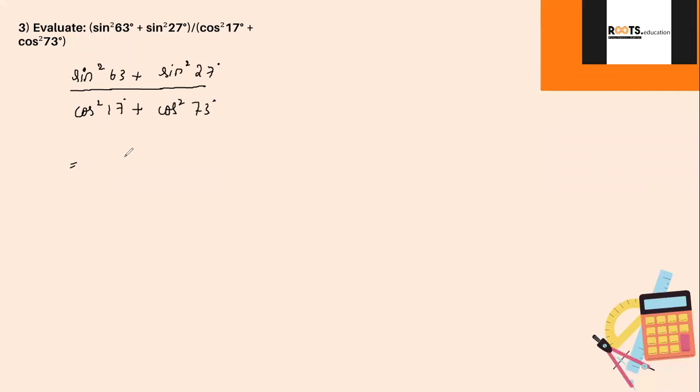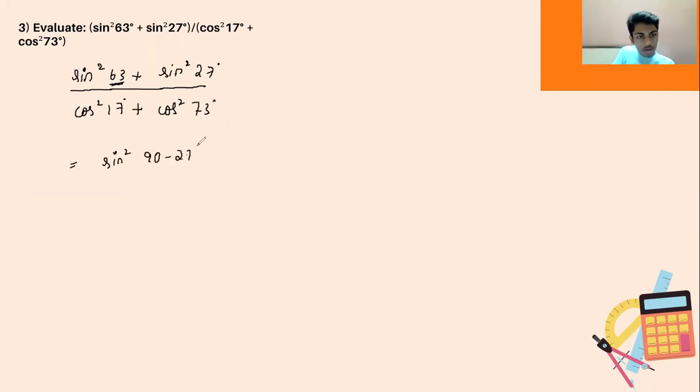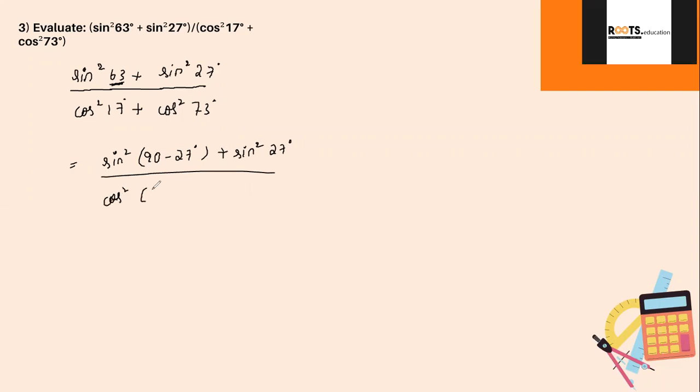So I'll just convert the sine to cos. 63, I can write it as 90 minus 27, correct? So sine square of 90 minus 27 degree. And cos square 17 equals cos square of 90 minus 73. What is sine of 90 minus 27?